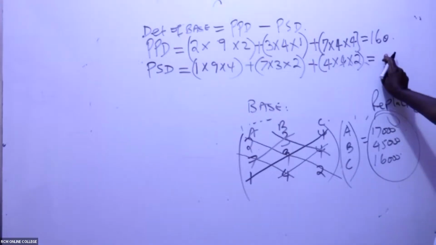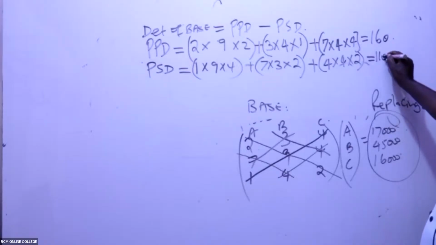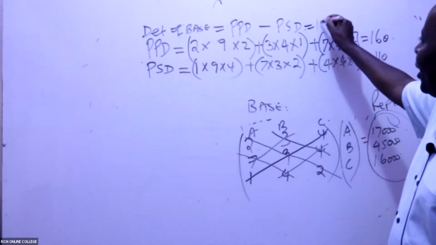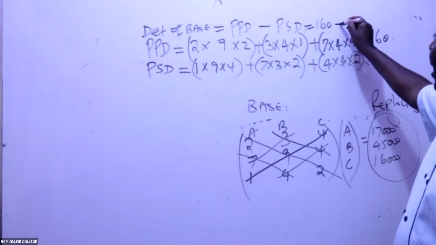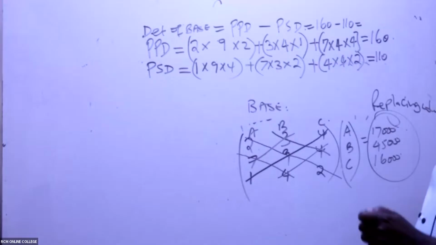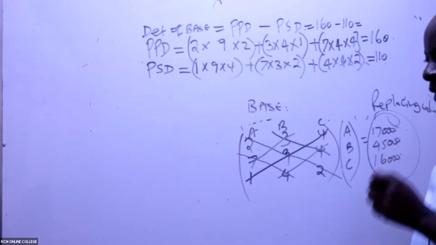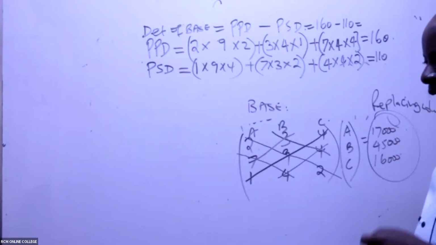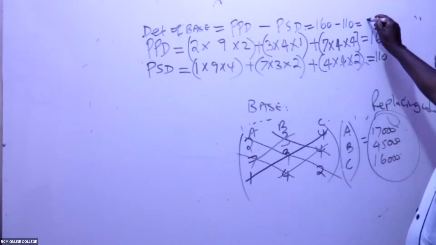We have 1 times 9 times 4, plus 7 times 3 times 2, plus 4 times 4 times 2. 110. So therefore, the determinant of the base will be 160 minus 110. It is the product of the primary diagonal minus the product of the secondary diagonal. So 160 minus 110 will give us 50.